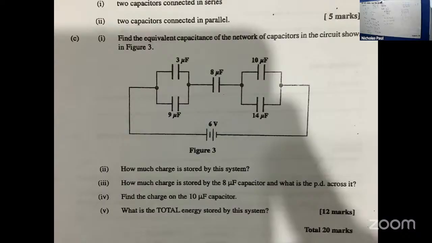Hurry up, try that fast, please. Find the total capacitance and let's work it out. Try all the parts and then I'll start to work it out, right?